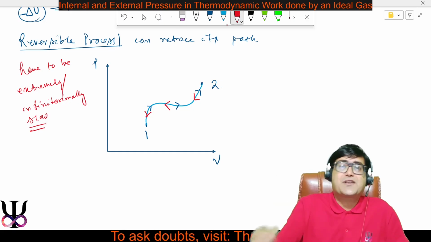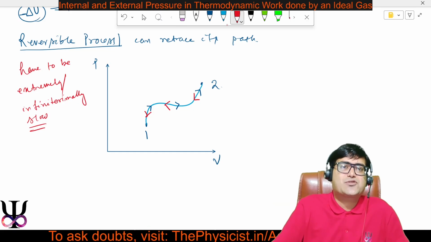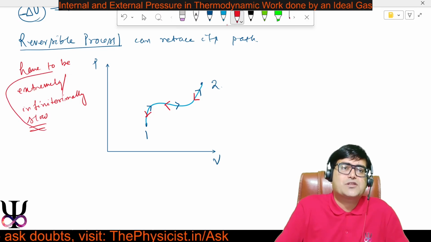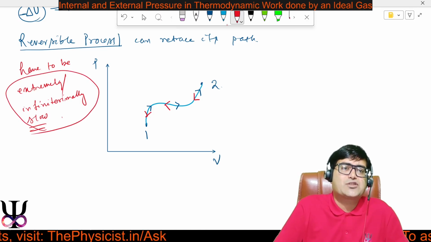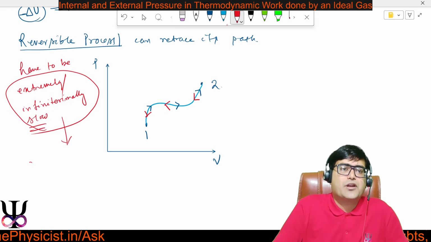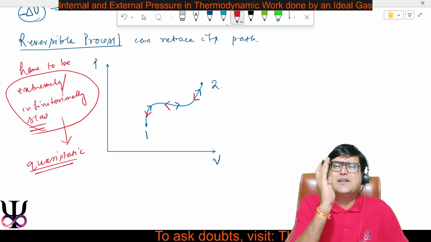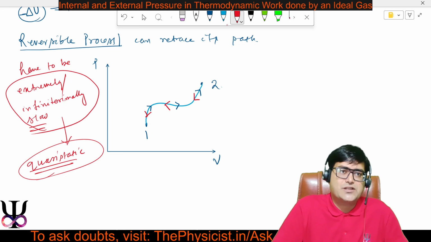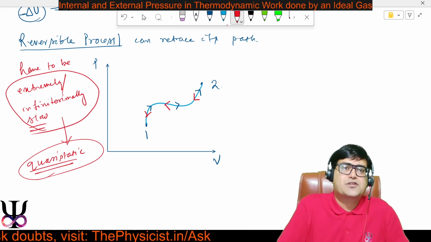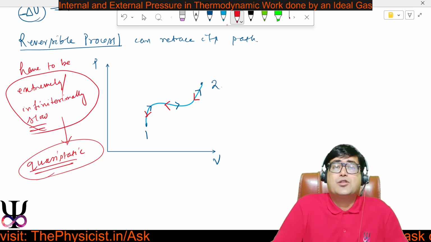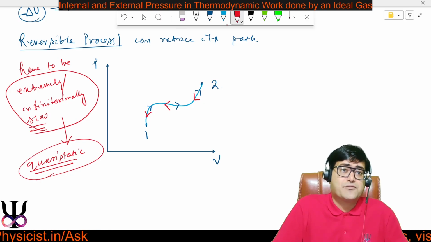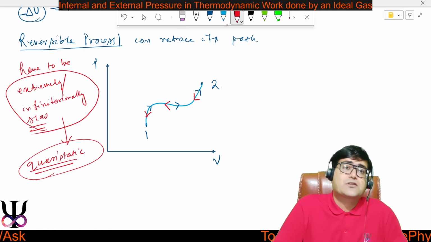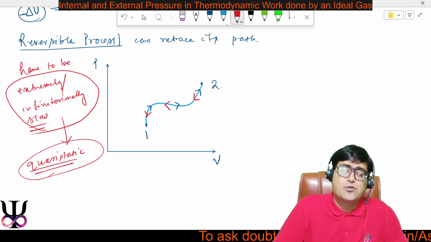Now, when the process is extremely or infinitely slow, then we call it a quasi-static process. Quasi means almost, static means it's almost a static process, right? So this quasi-static process can become reversible. Understand, not every quasi-static process is reversible, but every reversible process has to be quasi-static. Why?